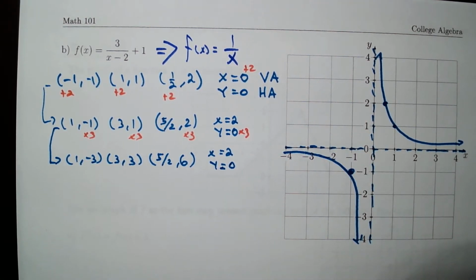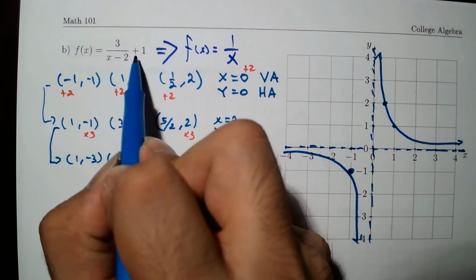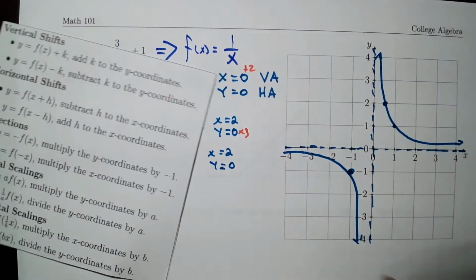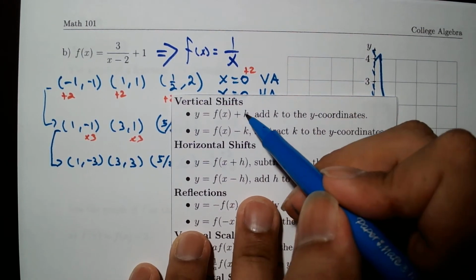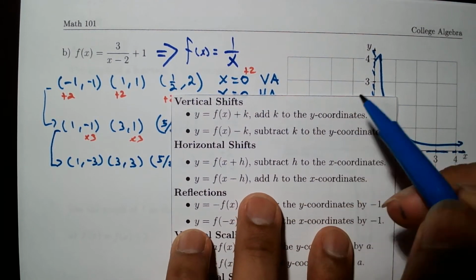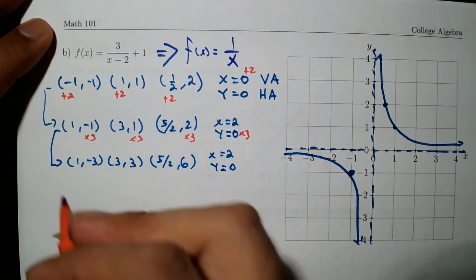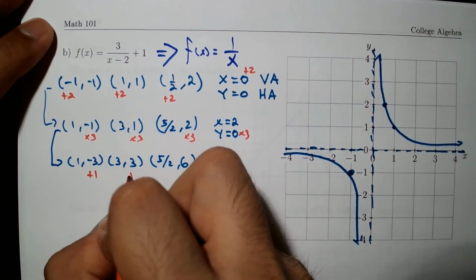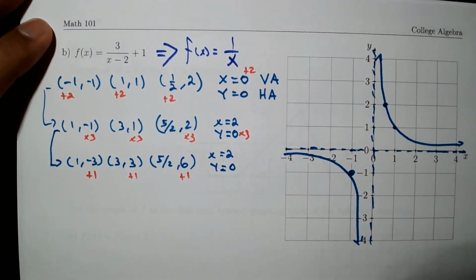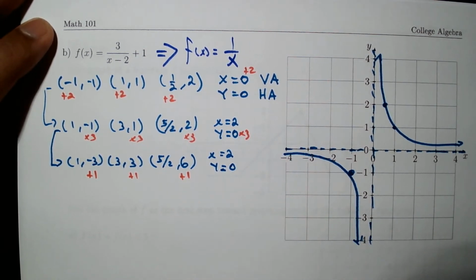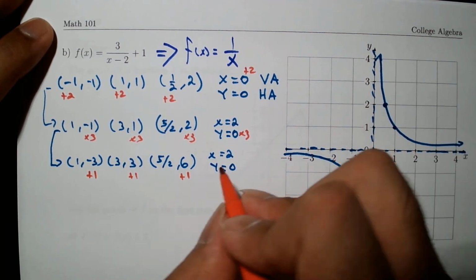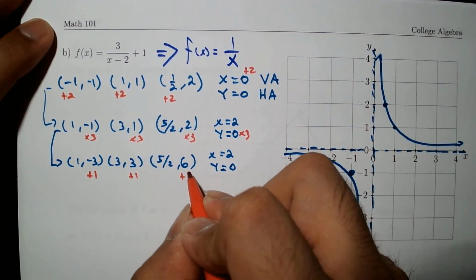And then I'm going to do one last transformation, which is this +1. In other words, this looks a lot like the plus k, which is adding k units to the y coordinate. So I'm going to add 1 to the y coordinates to get this shifted up 1 unit.